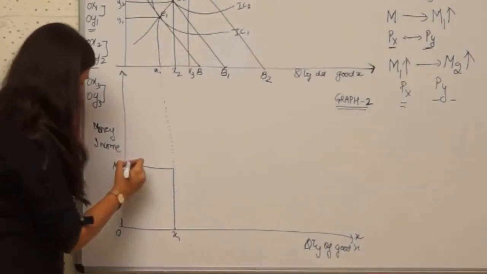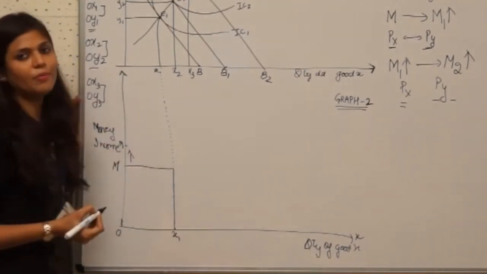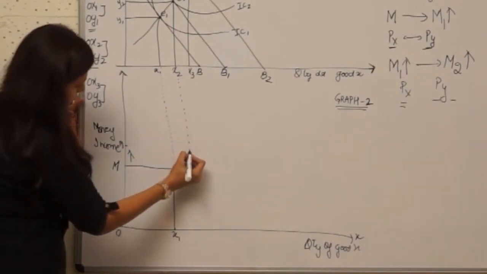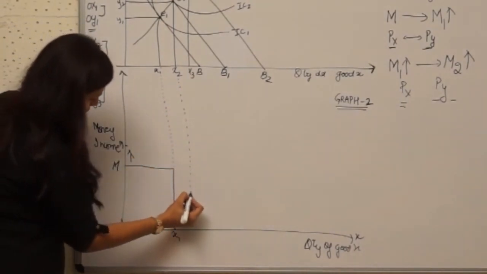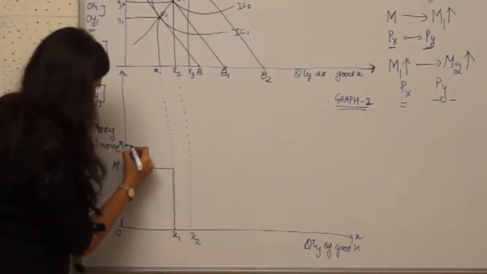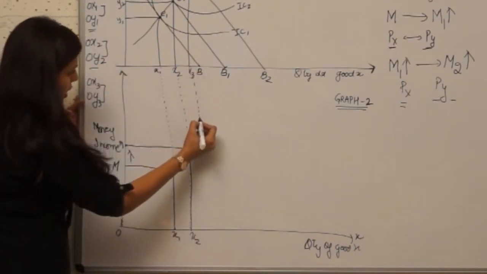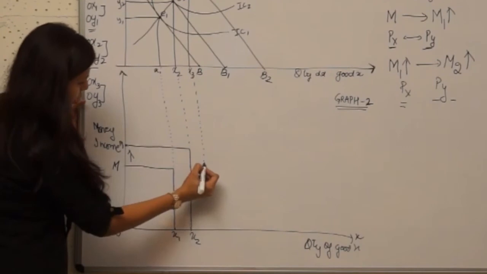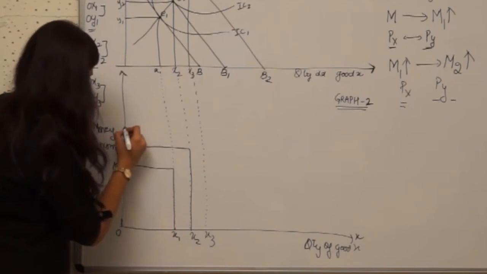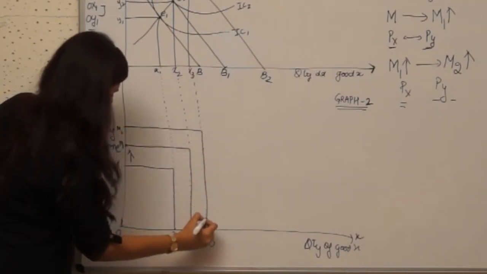Now we know that money income increased from M to M1, and there is an increase in the equilibrium quantity also from OX1 to OX2. Again, we are going to plot OX3 units on graph 2 at a money income of M2.